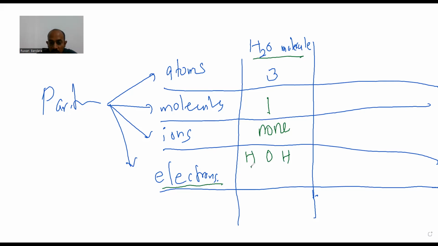Hydrogen has 1 electron, oxygen has 8, and hydrogen has 1. Altogether, the number of electrons is 10.